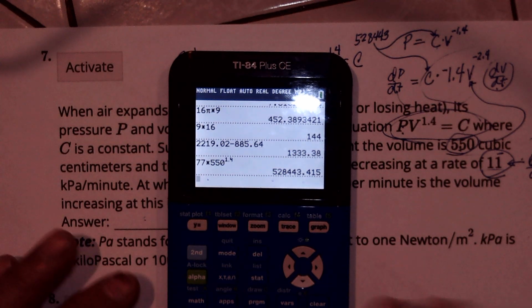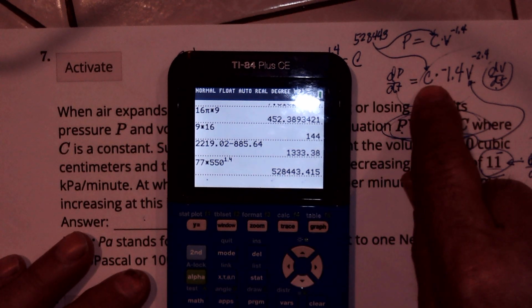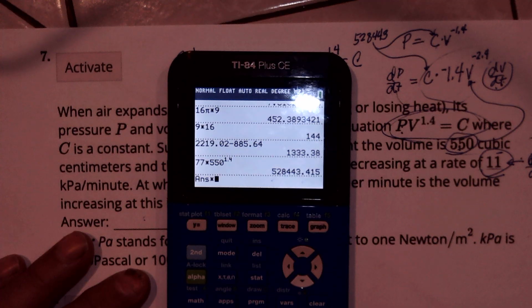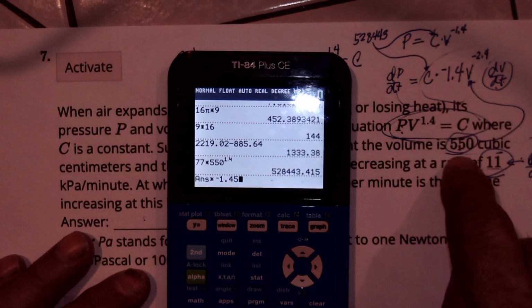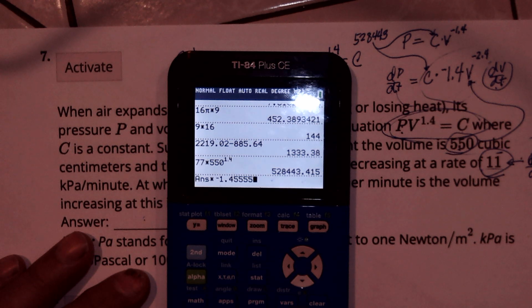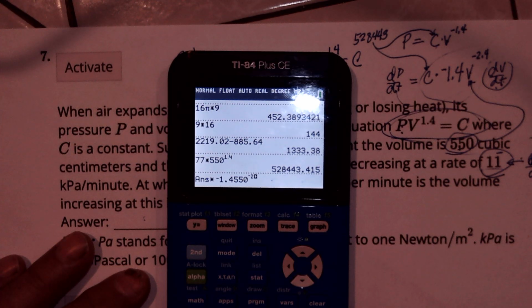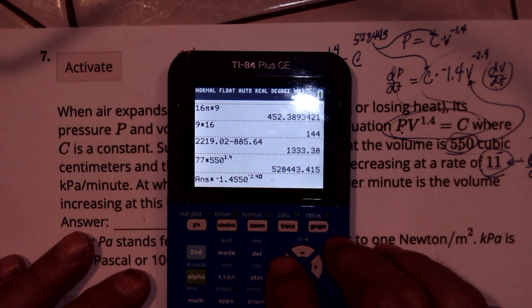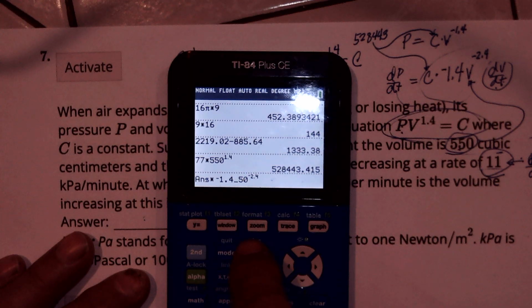So C, I have it in here, times negative 1.4, parentheses, the volume at 550, to the negative 2.4. I lost my times.